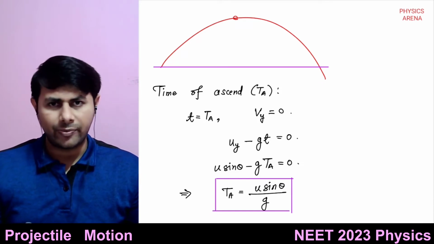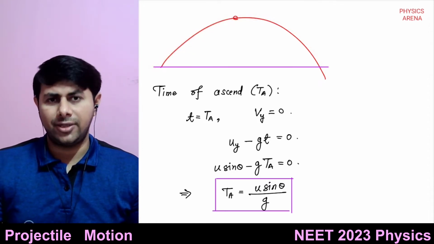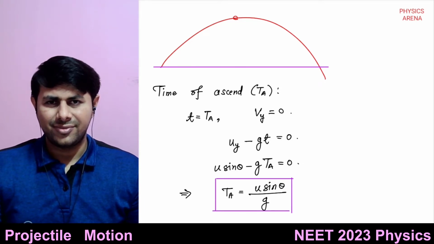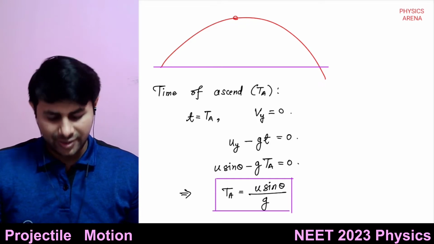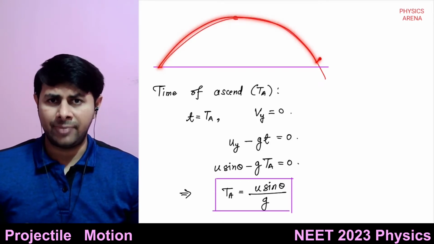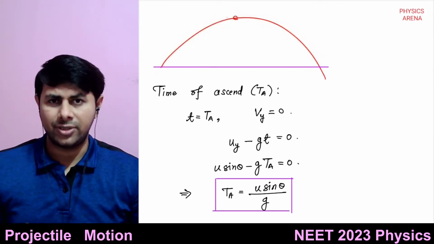How much is time of flight? Time of flight is 2u sine theta divided by g. So how much would be time of descent? u sine theta by g. It should be u sine theta divided by g, because total time of flight is 2 times u sine theta divided by g, and time of ascent only is u sine theta upon g.